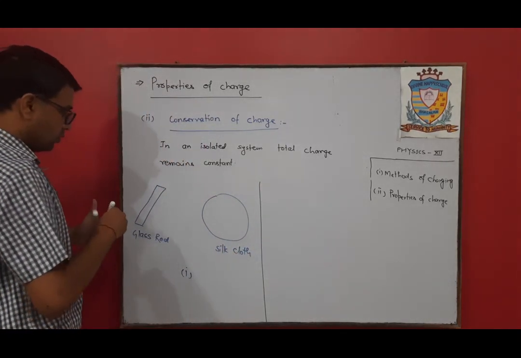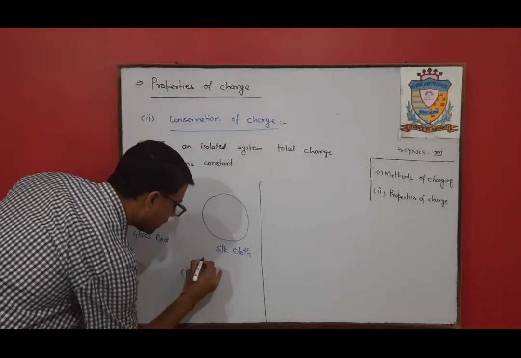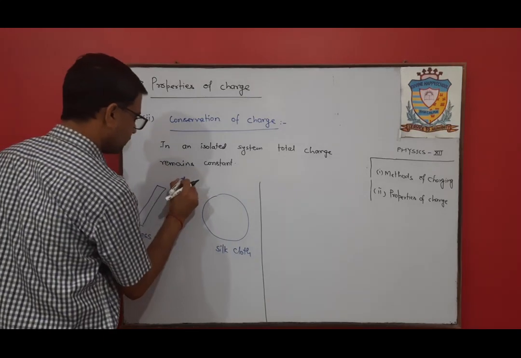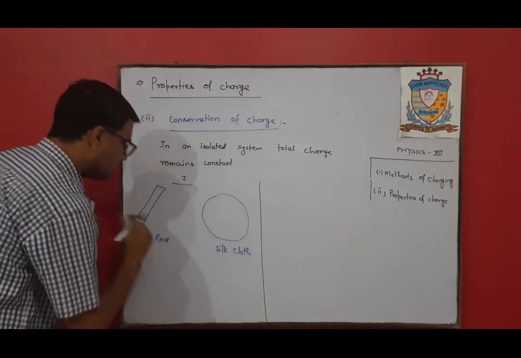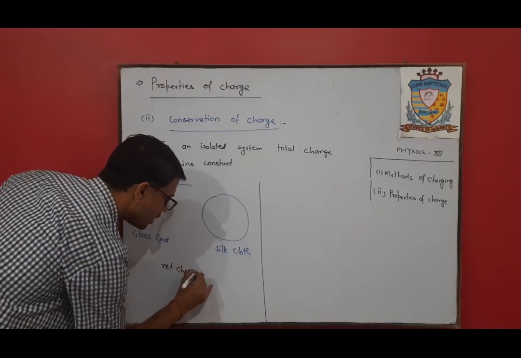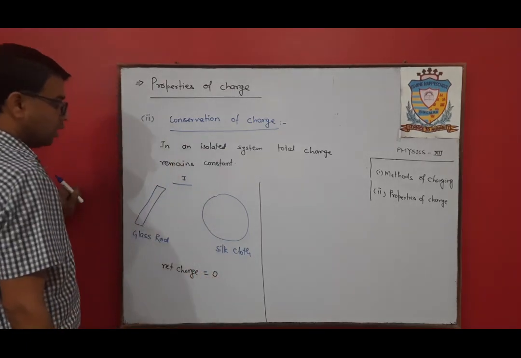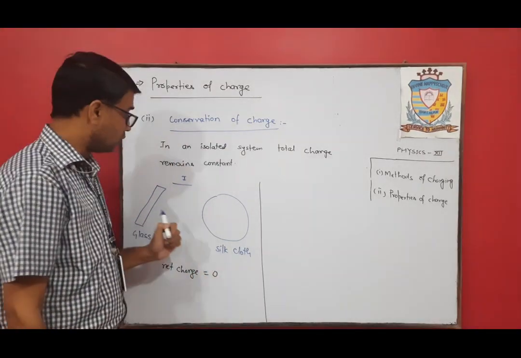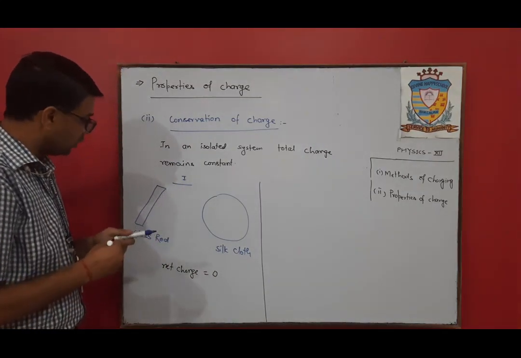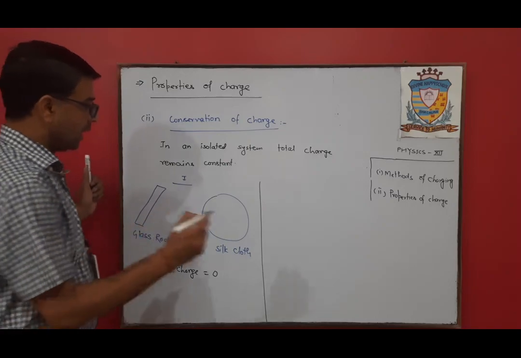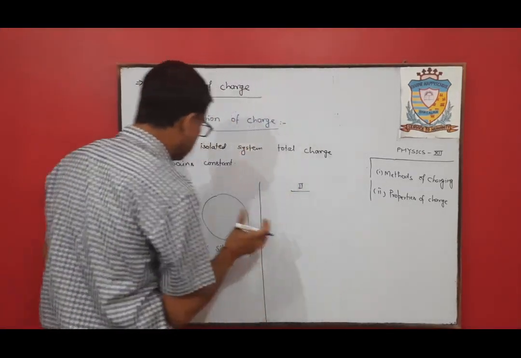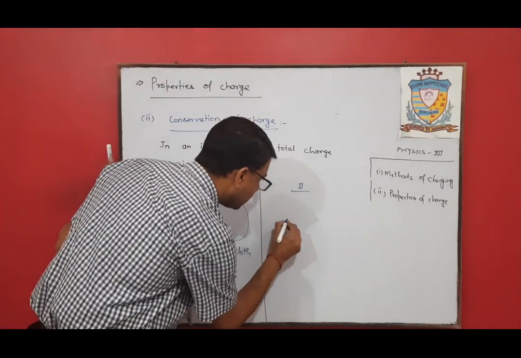This is case 1. Net charge is equal to 0 because both are neutral, meaning the amount of positive and negative charge in both the objects is equal. Case 2. Now if we rub these two objects together, what will happen?